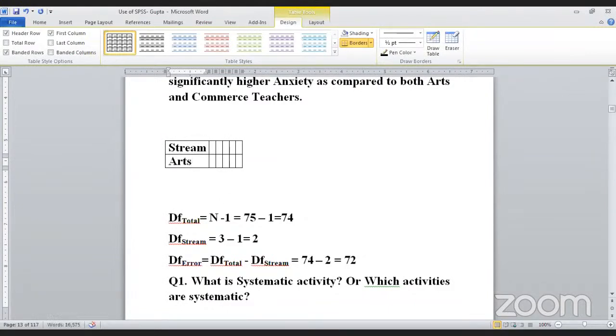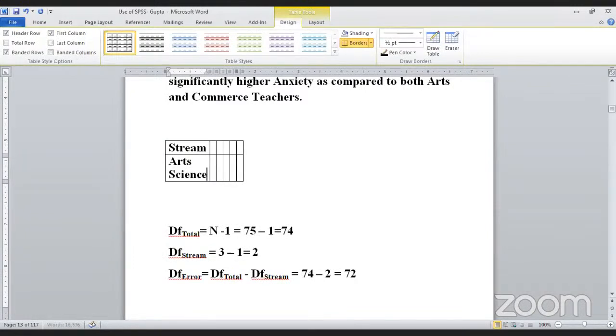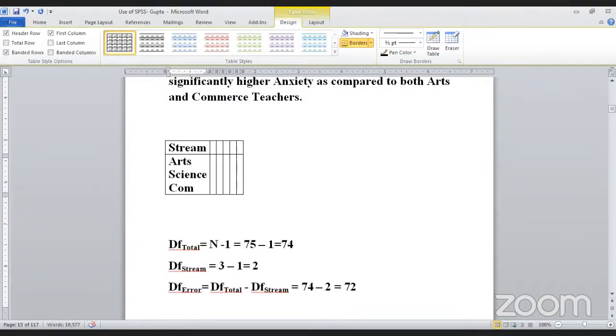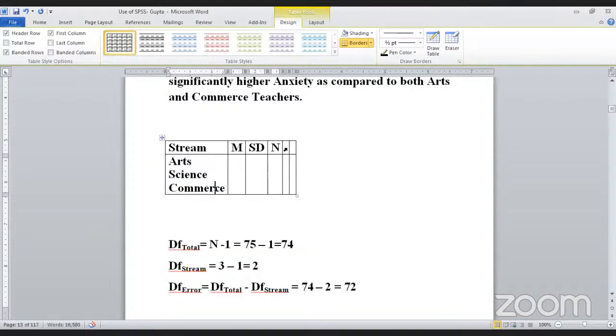Stream is arts, science, commerce. So here I will be writing mean, then SD, then N, and then here I will be writing t. So here I will say arts and science. So here I can write science, and then here I can write commerce.